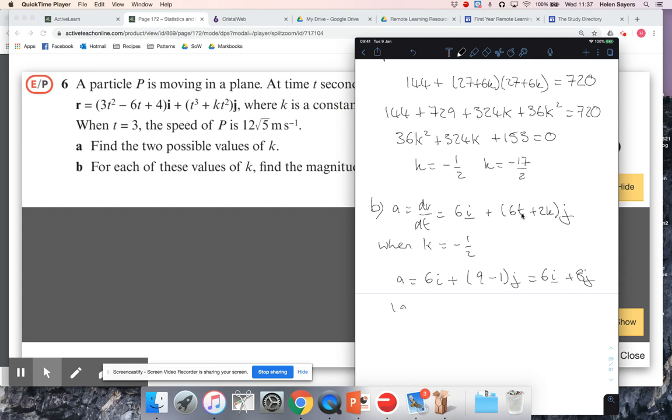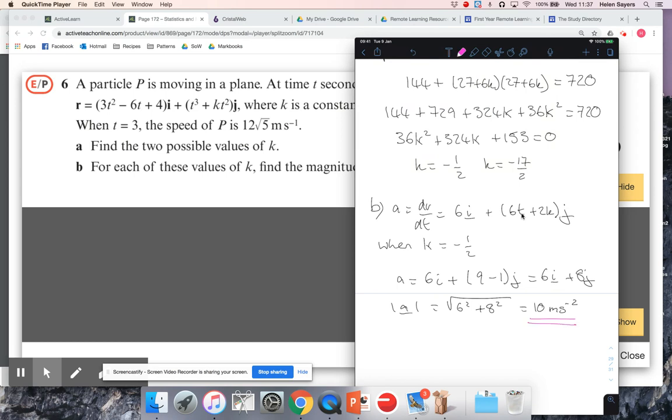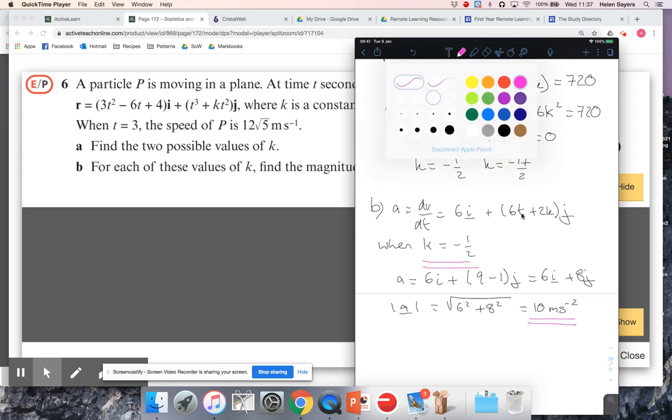Always read super carefully: they want the magnitude of that, so that's the square root of 36 plus 64, so the square root of 100, so 10. That's one answer, when k is minus a half.